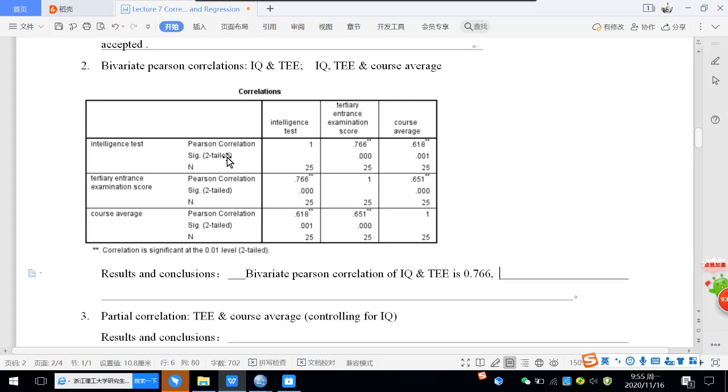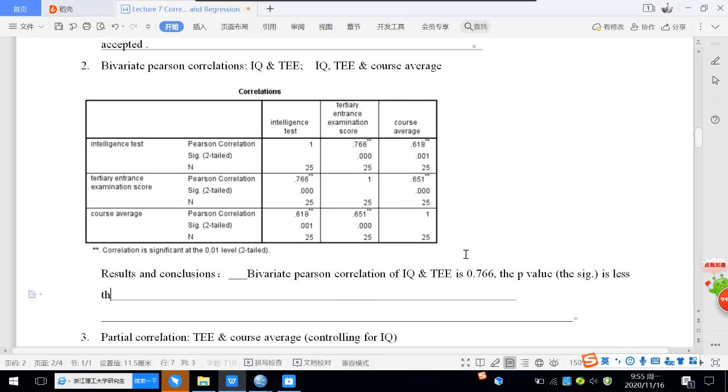The two-tailed significance is less than 0.001, also called the p-value or the significance. Here is less than 0.001.